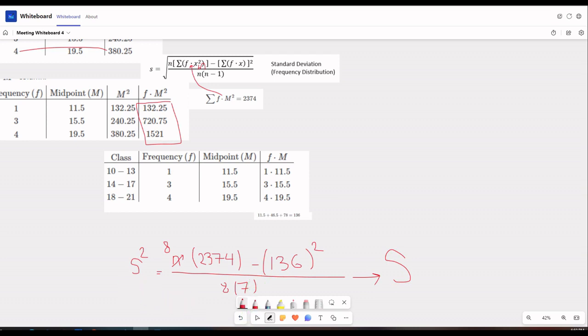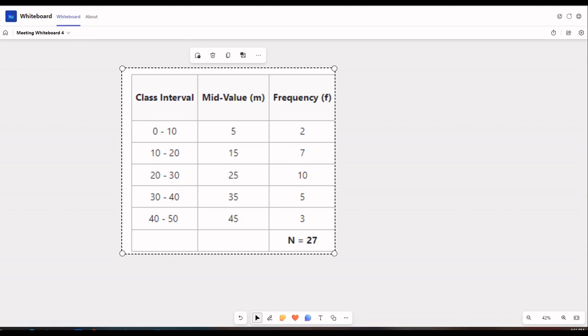Please put in the comments if there are any issues or if you need more clarification. I will give you another 2 examples, practice questions, and I want you to do them for the rest of the class and submit them through D12. So this is example 1. There are 5 classes. I already calculated the mid value, and this is the frequency of each class.